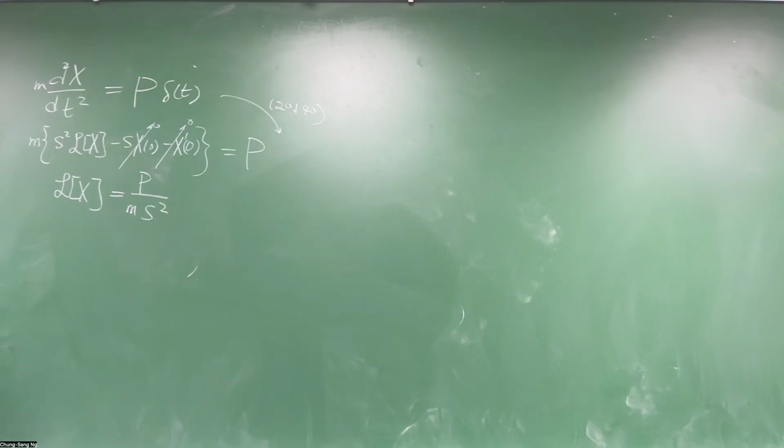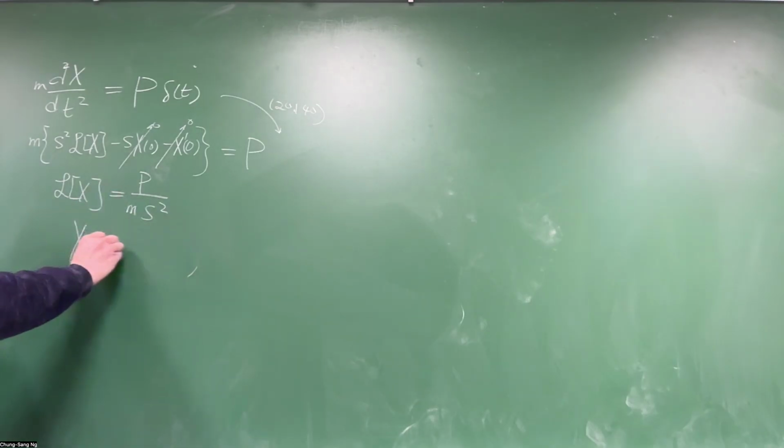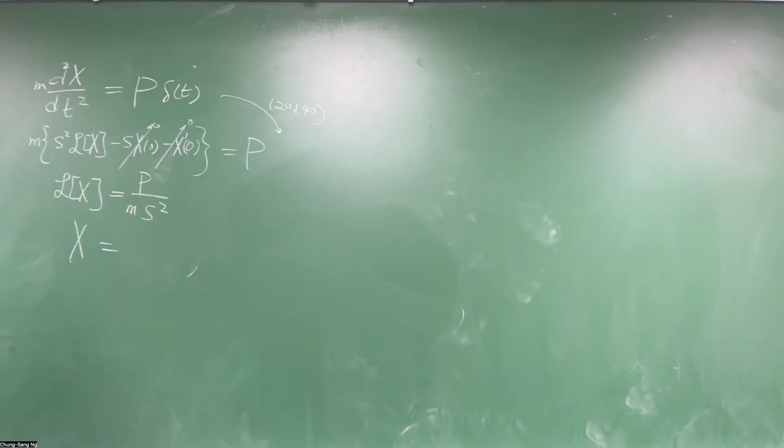Now x will be the inverse transform of something with s squared in the denominator. So we have to look at the table. Where's this item, s to the power n, s squared?